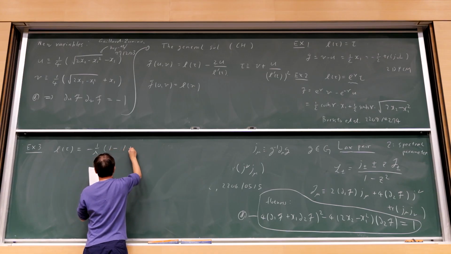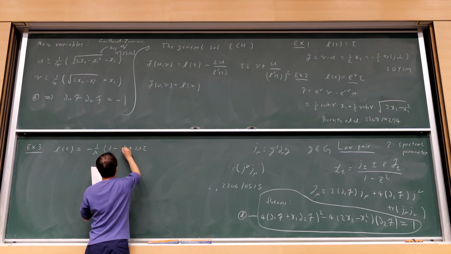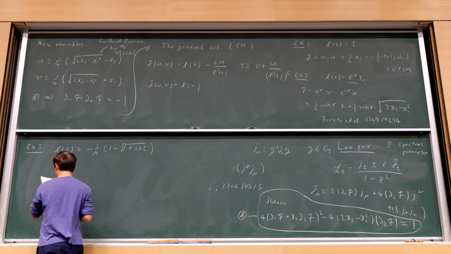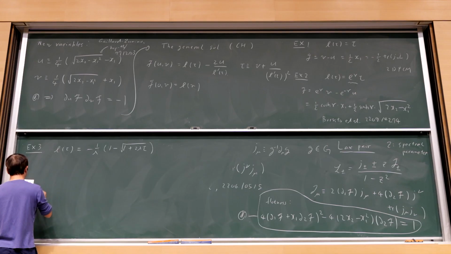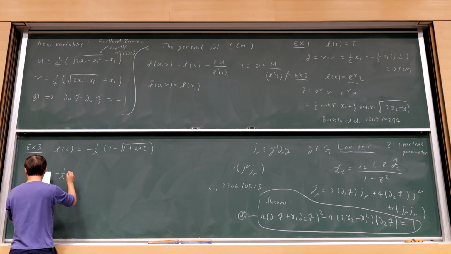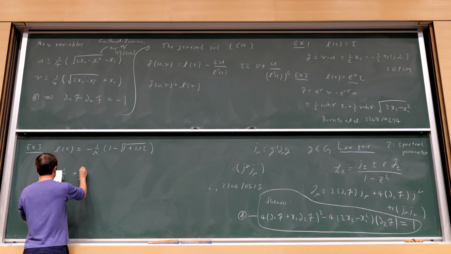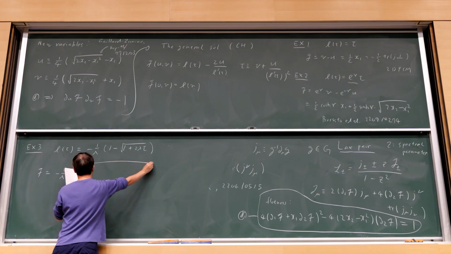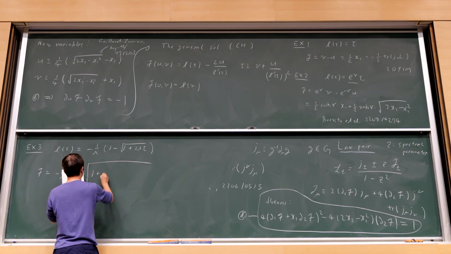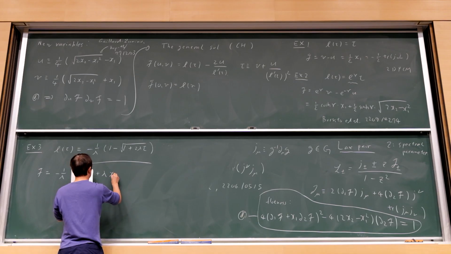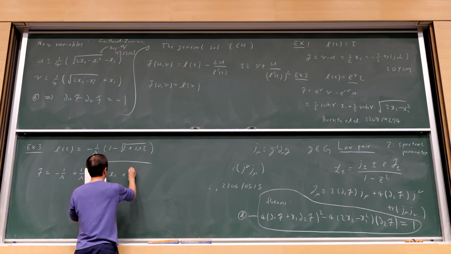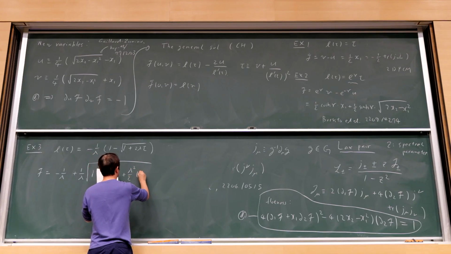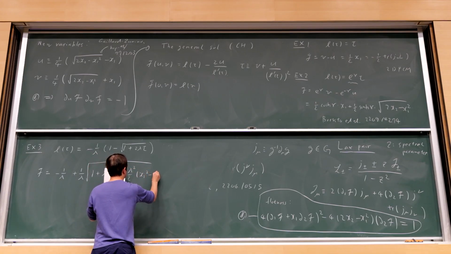Minus 1 plus 2 lambda tau. Then F is a bit complicated: X1 plus 1 lambda square, X1 square minus X2.